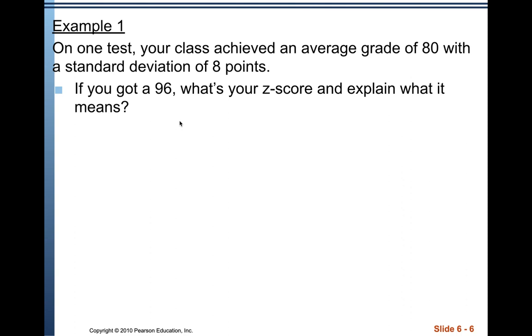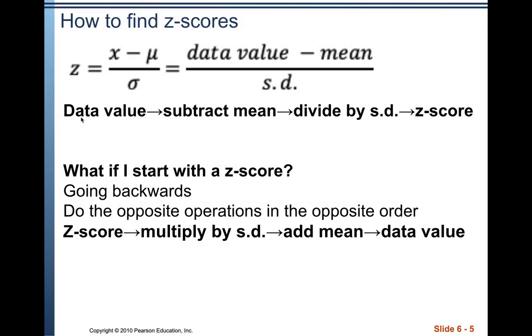If you got a 96 on that test, what is your z-score? And explain what it means. So again, the 96 is like the data value, and I want to find what z-score that is. So going back to the previous slide, that's going to be this step right here that I'm circling with the cursor.